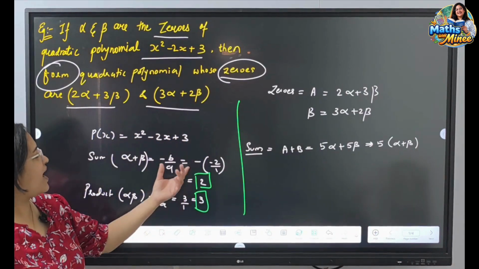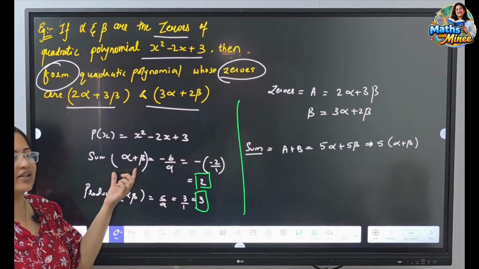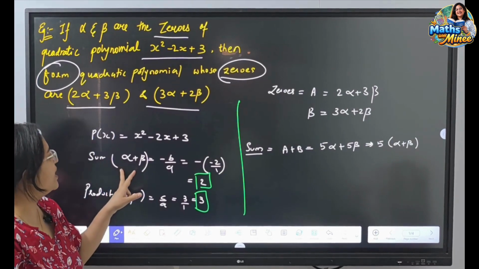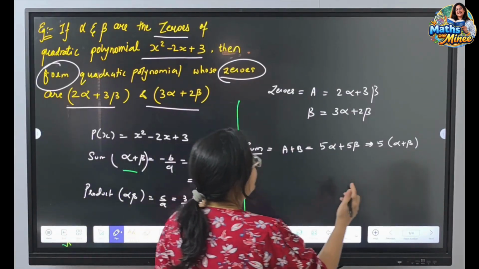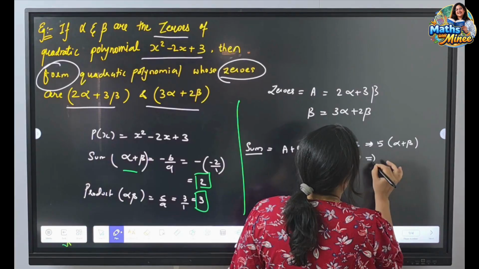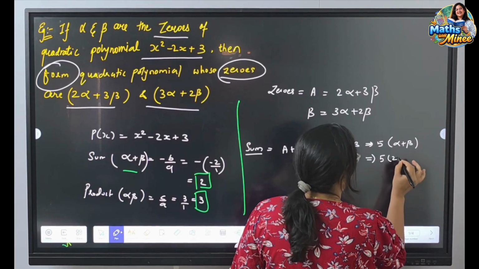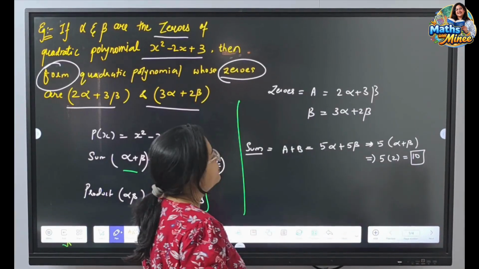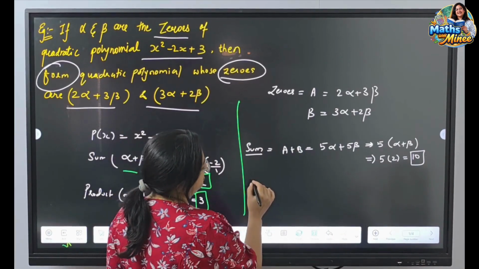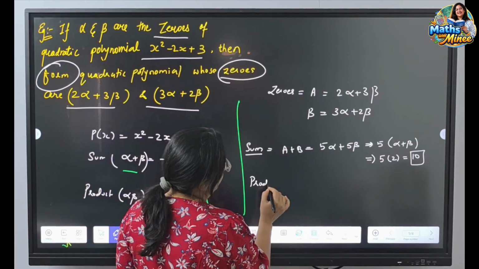Now when we calculated this, we got the value of alpha plus beta equal to 2. So here the same value we can substitute and we will get 5 times 2, which is equal to 10.